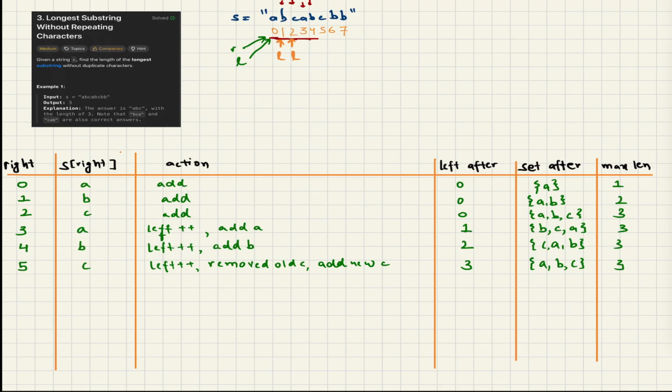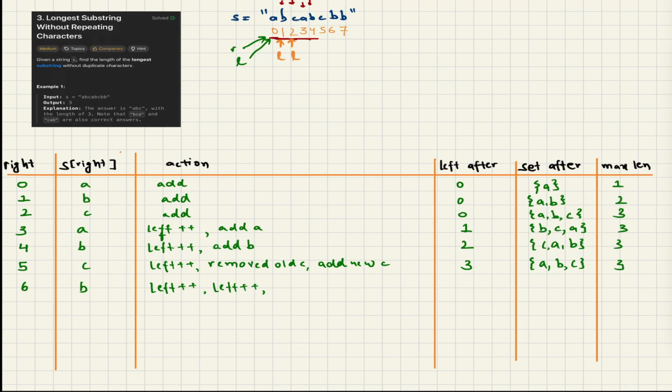Now R moves to 6. S of 6 is nothing but B. Now does B exist in my set? Yes, it exists. So what I'll do is left plus plus. With this left plus plus, A will be removed. Then I'll again have to do left plus plus so that this B is removed.